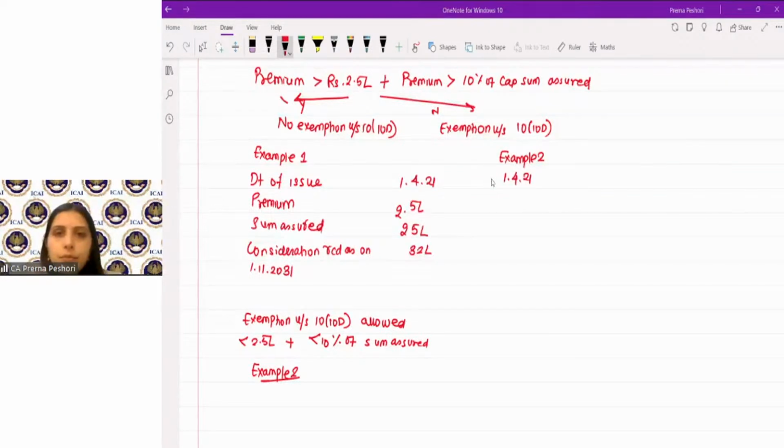Annual premium 5 lakhs. Sum assured 50 lakhs. Consideration received as on 1/11/31 on maturity is 60 lakhs. So whether the exemption will be available.